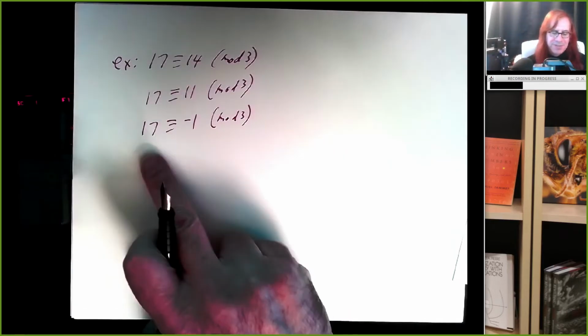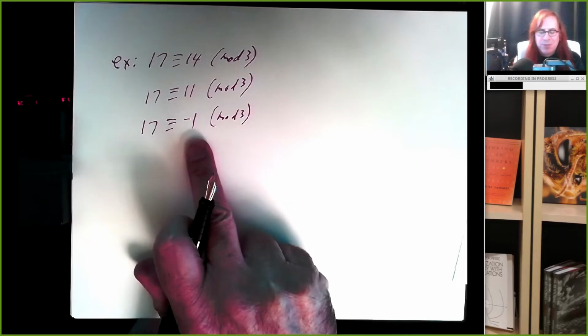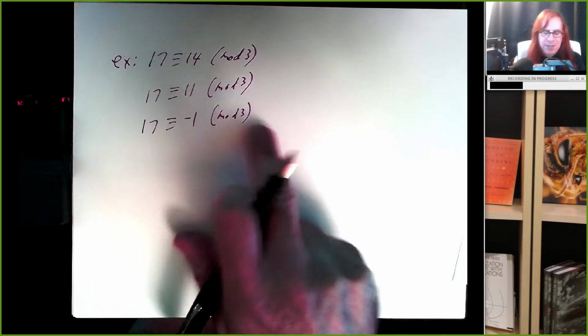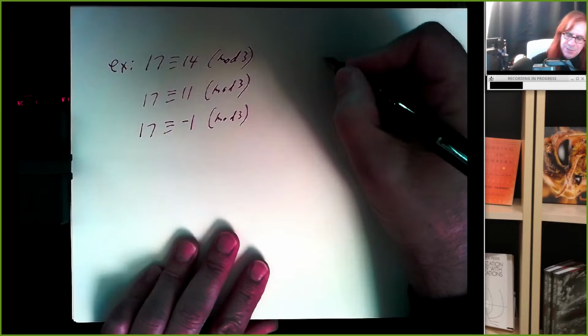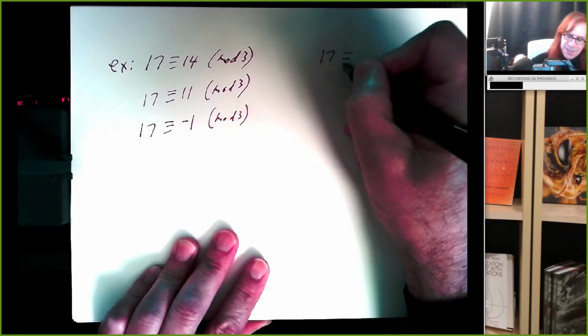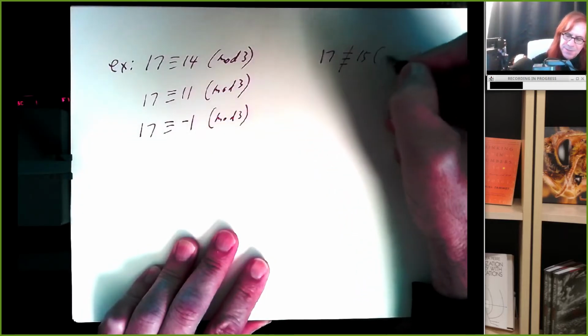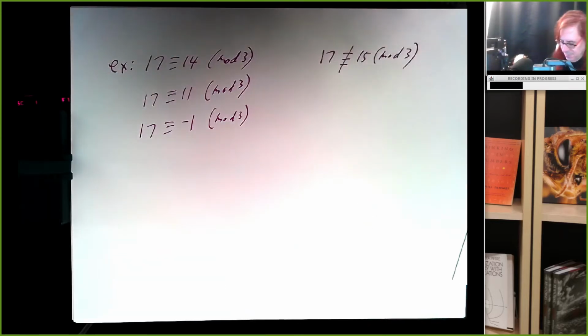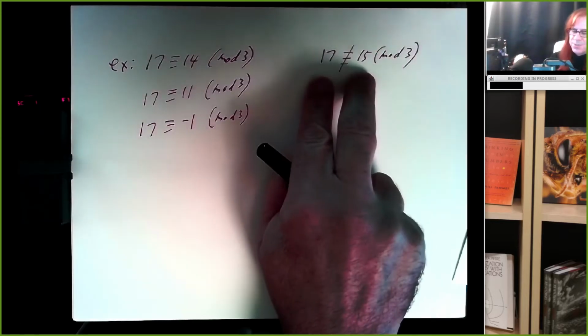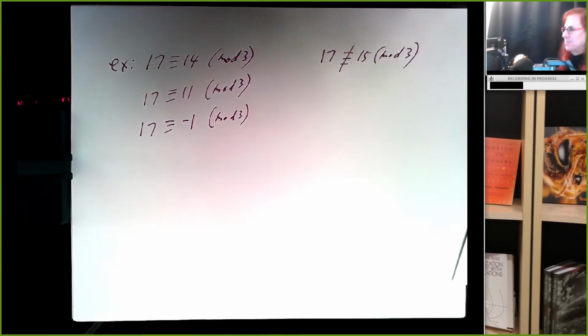Why? Because the difference between 17 and minus 1 is 18, and 3 divides 18. And we can also write something like 17 is not congruent to 15 modulo 3, because the difference of these numbers is 2, and 3 does not divide 2.